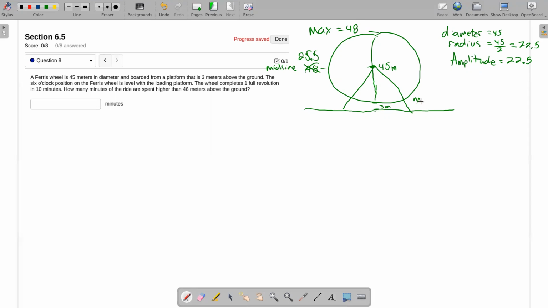And our min would be 3. And then, yeah, that's the diameter. Let's make a note of that there. And then the radius here, that is that amplitude of 22.5.